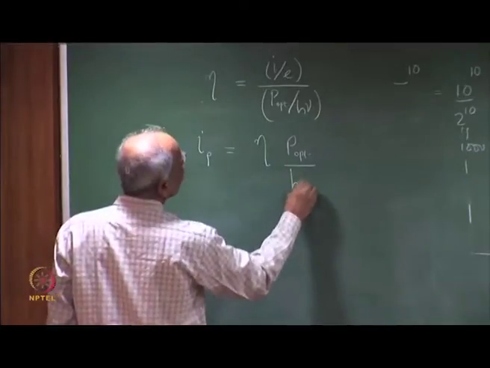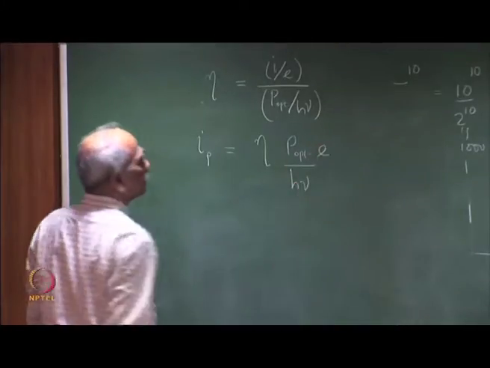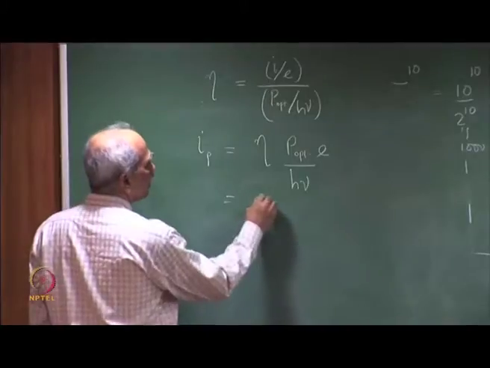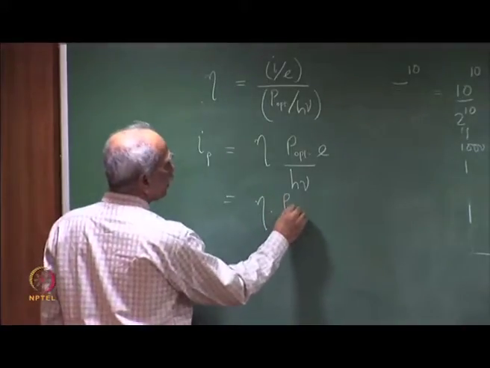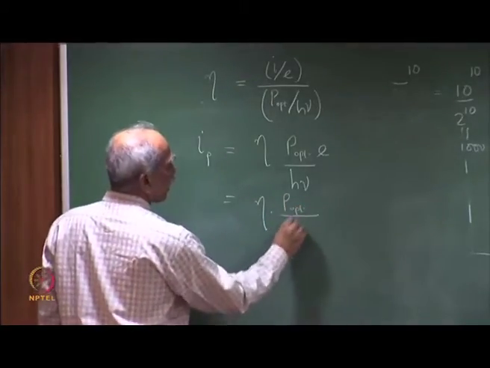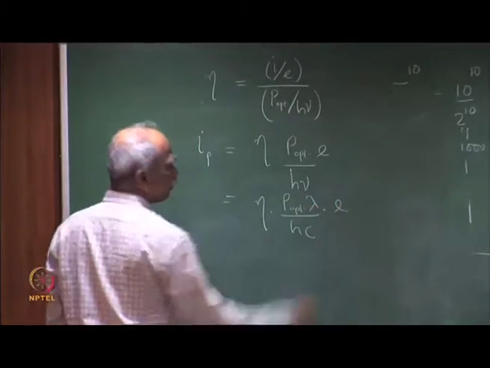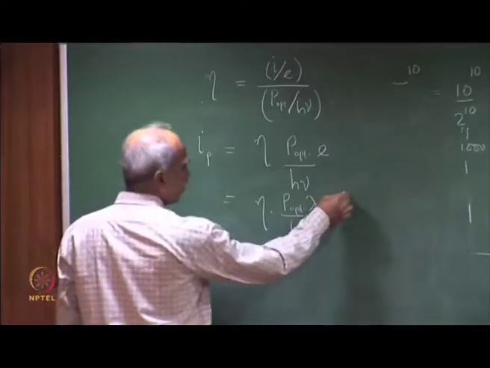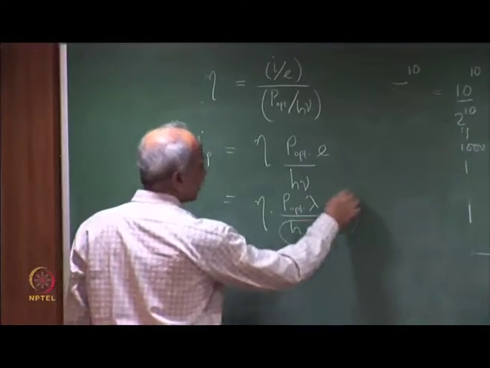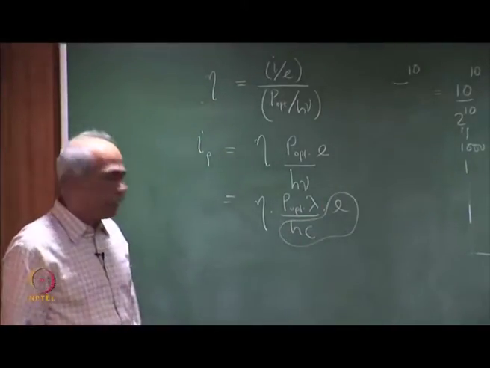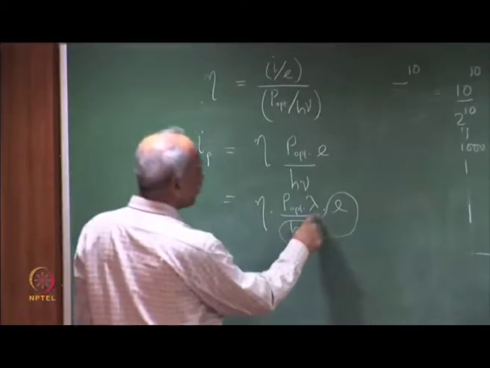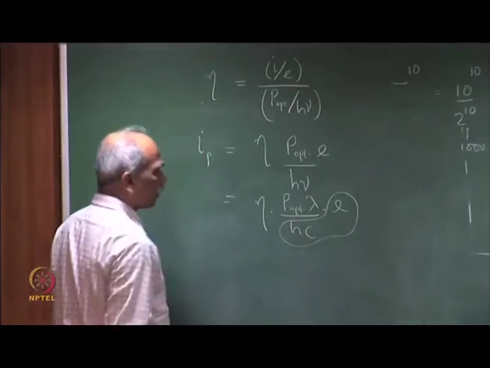So that is equal to eta into P op divided by h into c by lambda, into e, and we know this quantity h c by e is 1.24 if lambda is in micrometers.